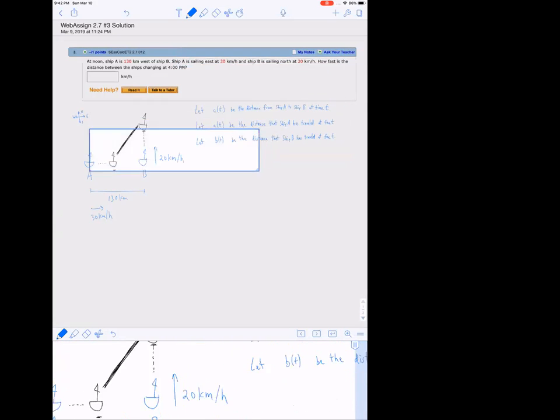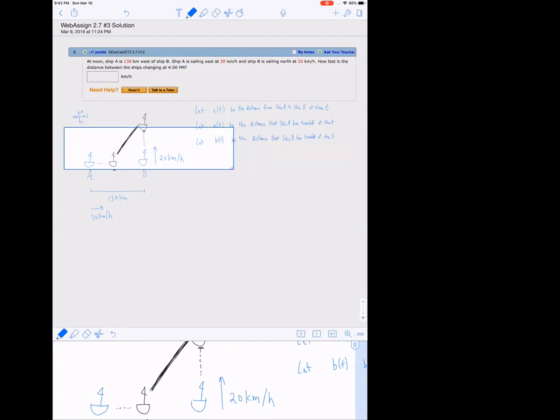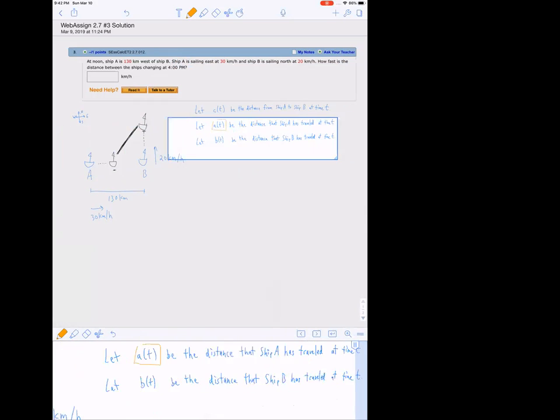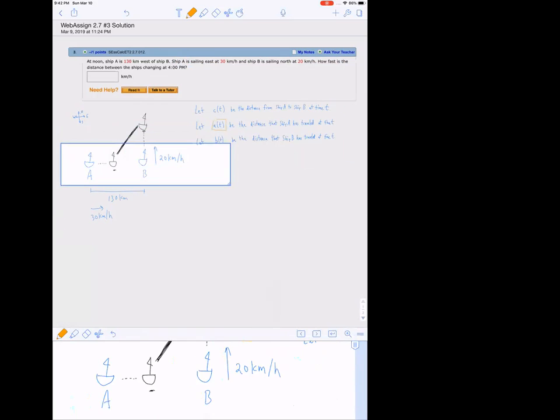Great. So let's draw these things into our picture now. Let's use some color to really differentiate things. No pun intended. So if we color A of t orange, well, A of t will be this distance right here, the distance that ship A has moved from where it started to where it is at some particular time t.